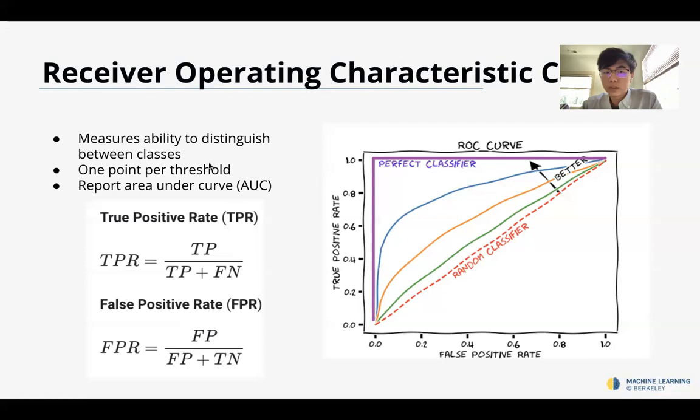You can sample thresholds uniformly, maybe pick thresholds 0, 0.1, 0.2, and so on, and just plot 10 points on the graph. This will generally form a curve like this. And I'll explain later why the curves are guaranteed to look concave as opposed to having dents in the middle.